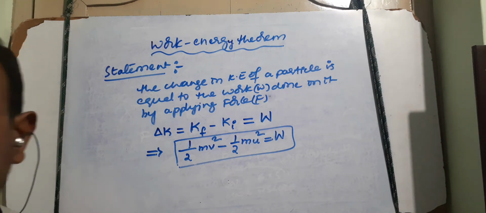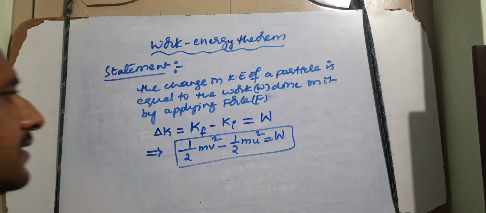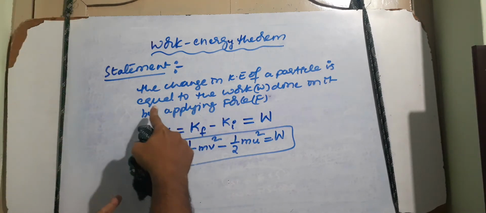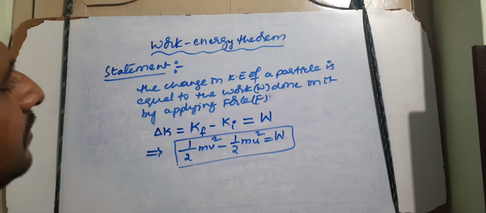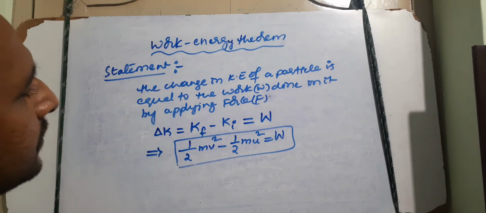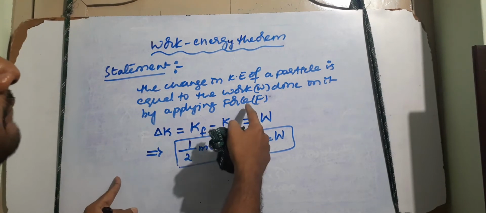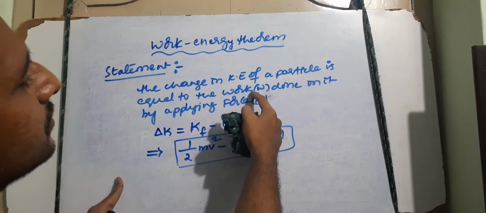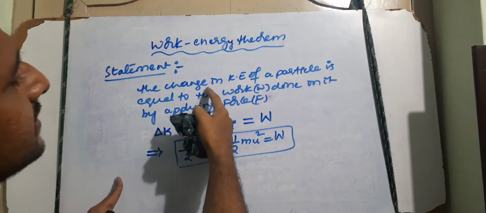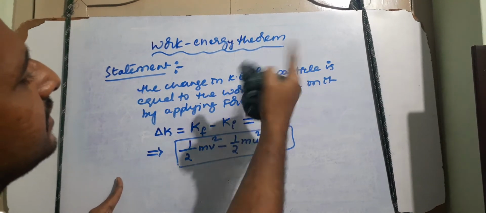So to verify the work energy theorem, students, now verification. The statement once again: the change in kinetic energy of the particle is equal to the work done on it by applying a force. It means that when the force F is applied on the particle, you are doing work on it. So this work done brings a change in the kinetic energy of that particle.